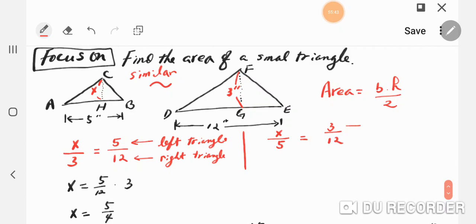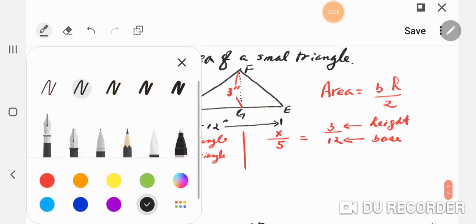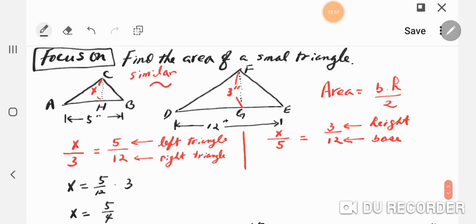So the numerator is the height and the denominator is the base. So from this, use cross multiply, or multiply each side by what? 5. Each side by 5.